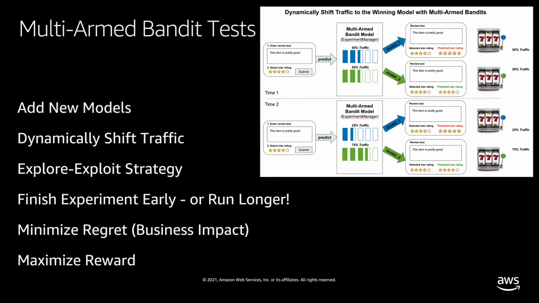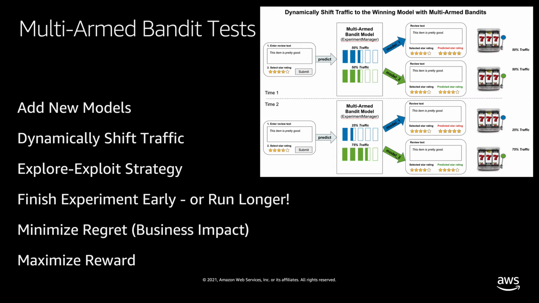If Model 2, after 1 or 2 days, is the clear winner, then let's tear this down and shift all the traffic over to Model 2. I discourage that. I would still suggest that you run this test longer, at least cover a 24-hour period, or if you have traffic patterns that are different throughout the week, I would run it for at least 1 week just to capture all of the different types of traffic.